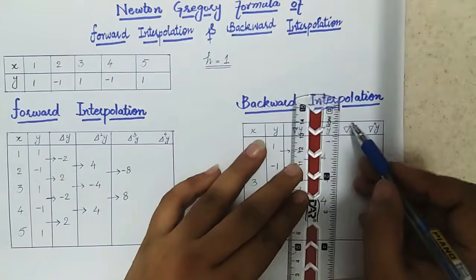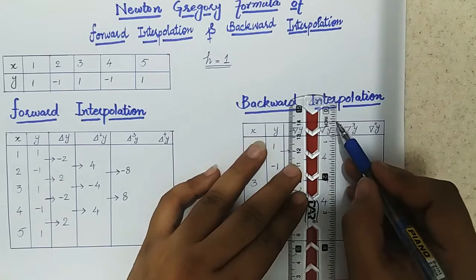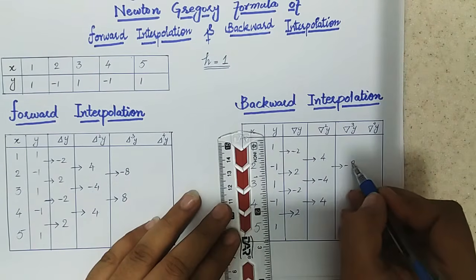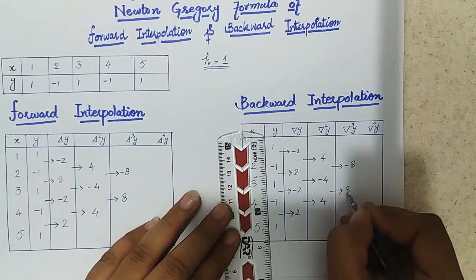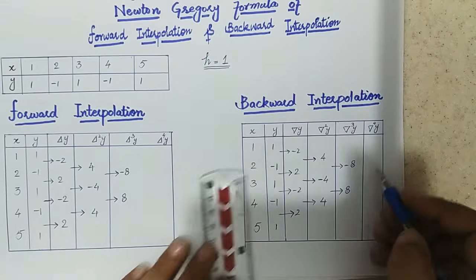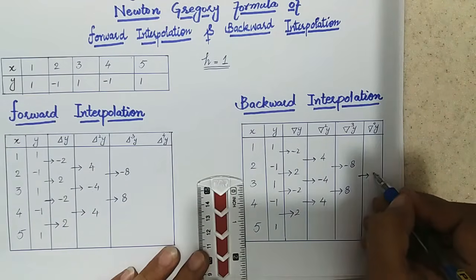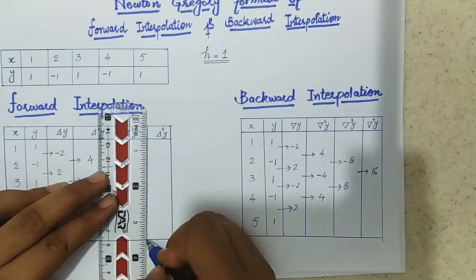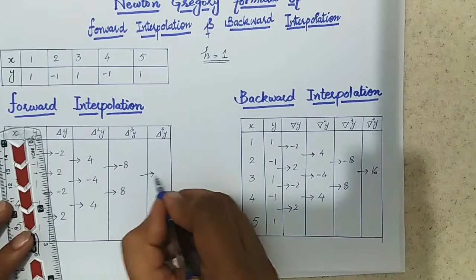Similarly the third difference column is minus 8, plus 8. Now the fourth difference column: 8 plus 8 will be 16, and similarly 8 minus minus 8 will be 16.